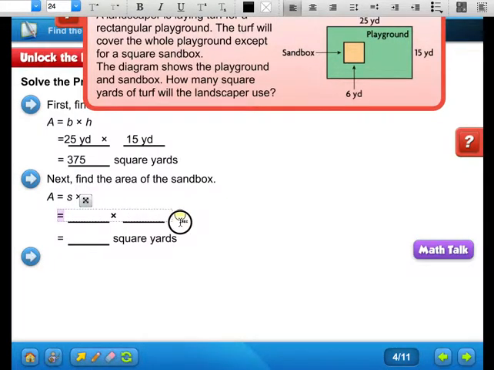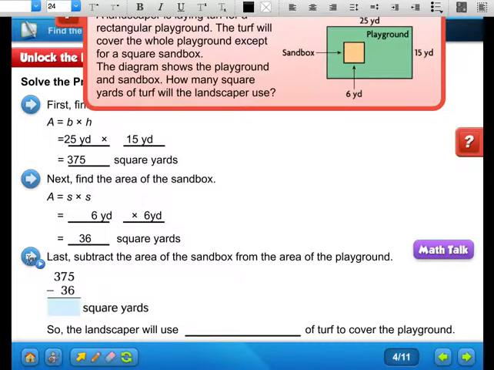It's going to be 6 yards by 6 yards. So we all know that 6 times 6 equals 36.